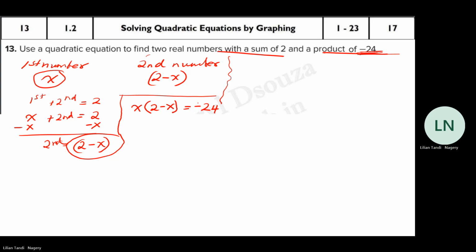Okay? Now you continue. So now you multiply. When you multiply this with the distributive property, you are going to get 2x minus x squared equals negative 24.